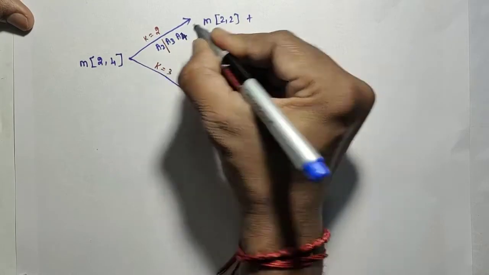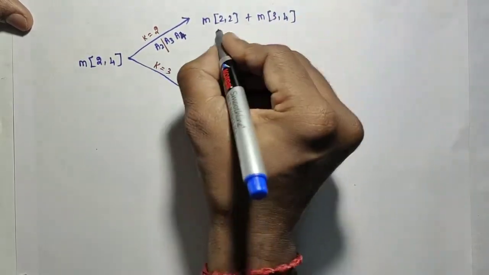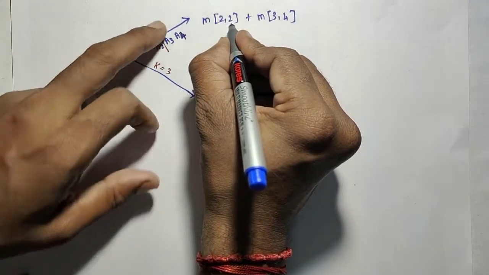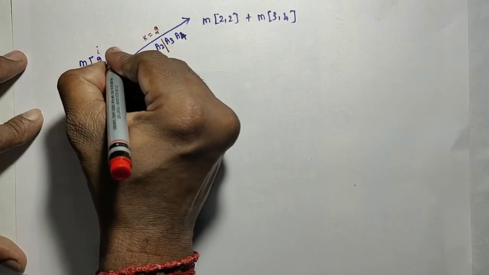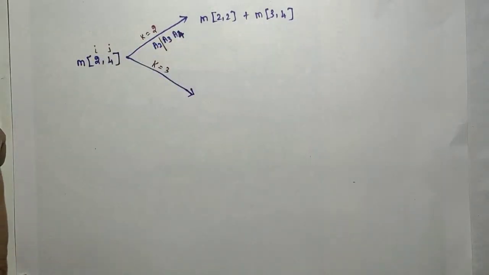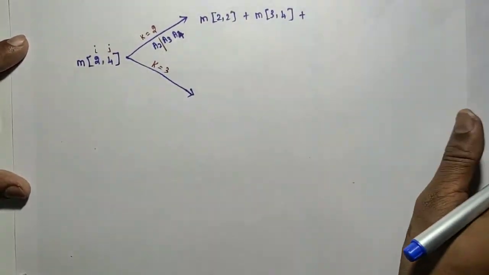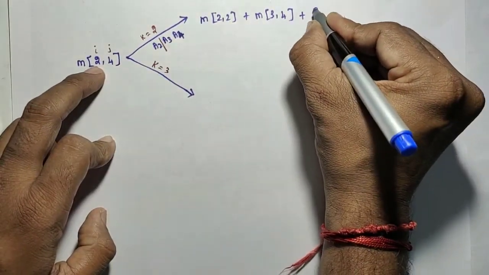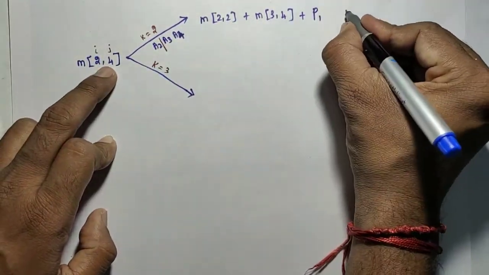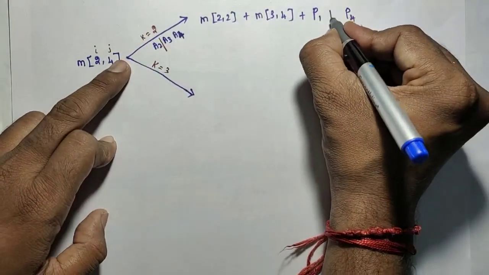As per the formula, for I to k and k plus 1 to j, k equal to 2, this is I and this is j. Plus, as per the formula, p of I minus 1, that is p1, the last one is pj, that is p4, and the middle one is pk, that is p2.